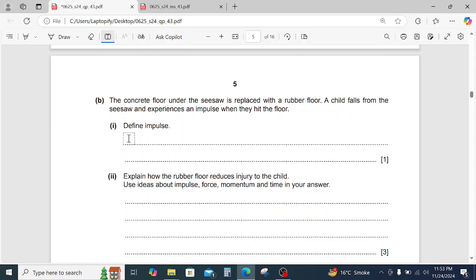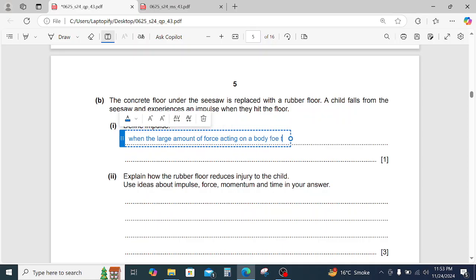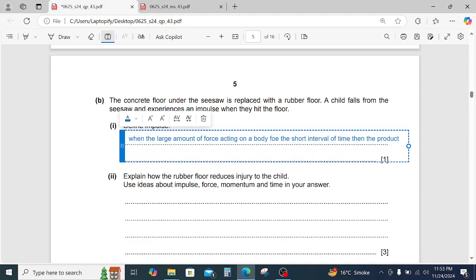Okay, so the question is that define impulse here. I will write here the definition: when a large amount of force acts on a body for a short interval of time, then the product of force and time interval is called impulse.